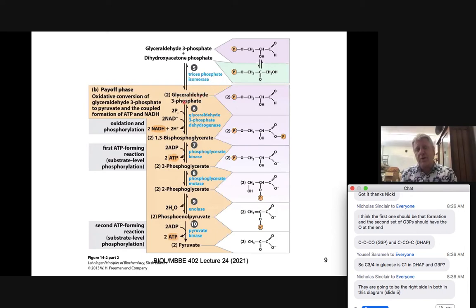So two molecules of glyceraldehyde 3-phosphate are going to go through the glyceraldehyde 3-phosphate dehydrogenase. So when we see this word dehydrogenase, it means we're going to have an electron transfer. In this case, we're going to make NADH. So we're going to be sinking electrons and producing protons, and we're going to have those safely contained in this particular constituent to be later used elsewhere.